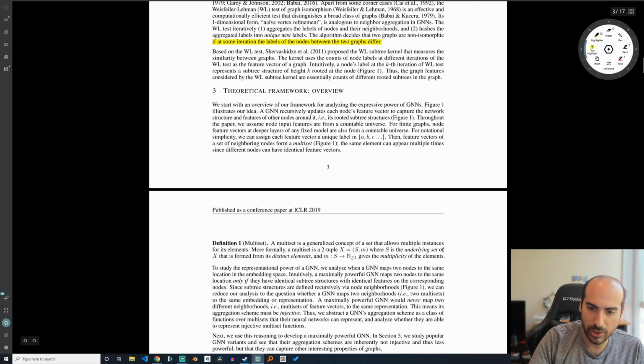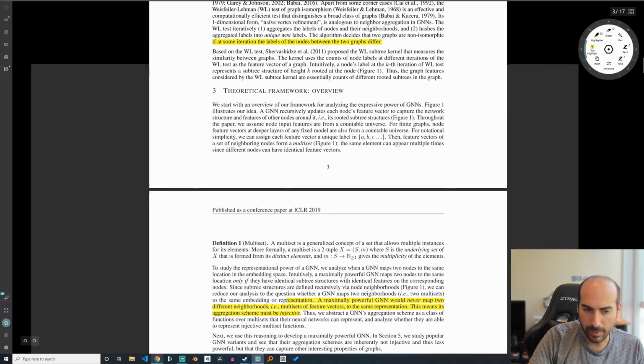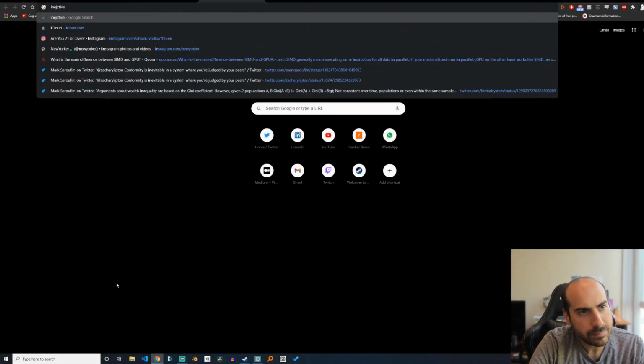A maximally powerful GNN would never map two different neighborhoods to the same representation. This means its aggregation scheme must be injective. I think injective meant reversible.